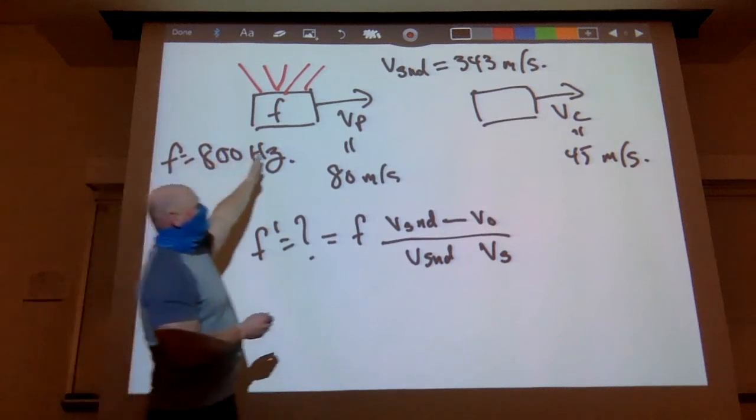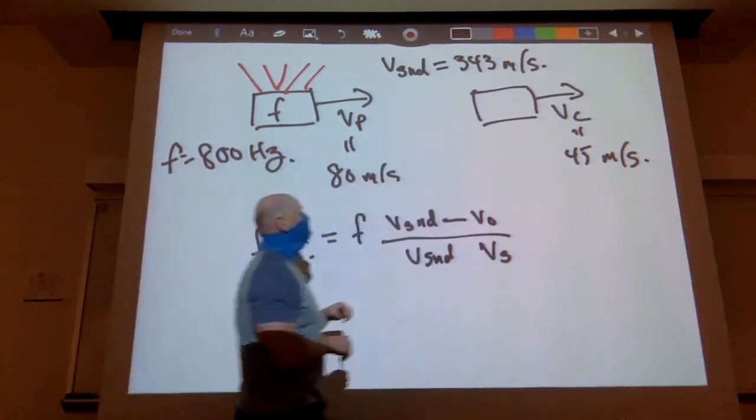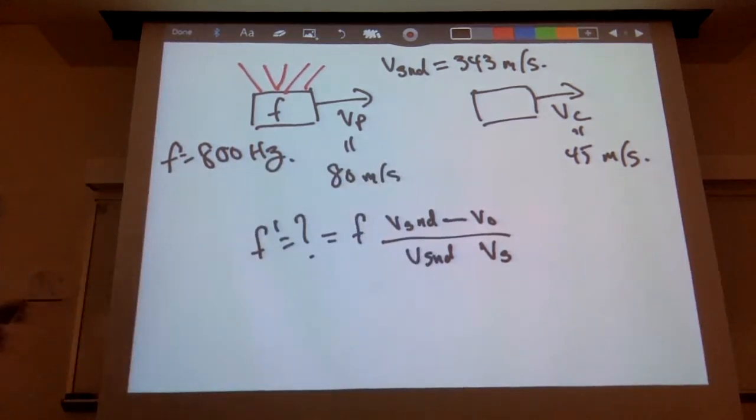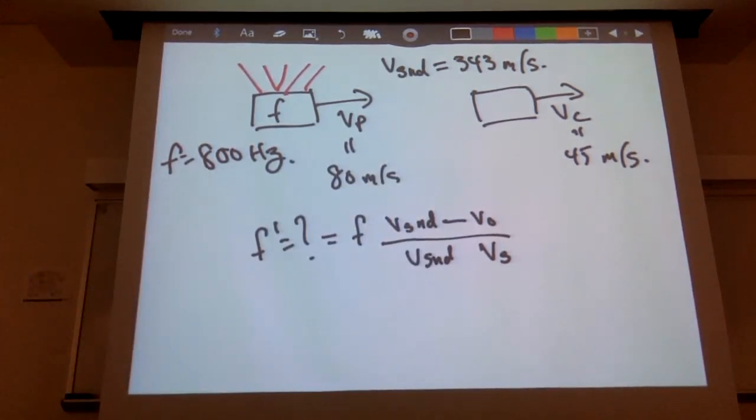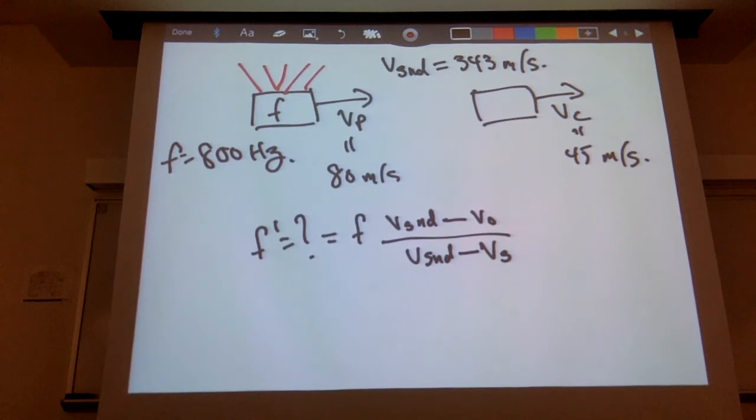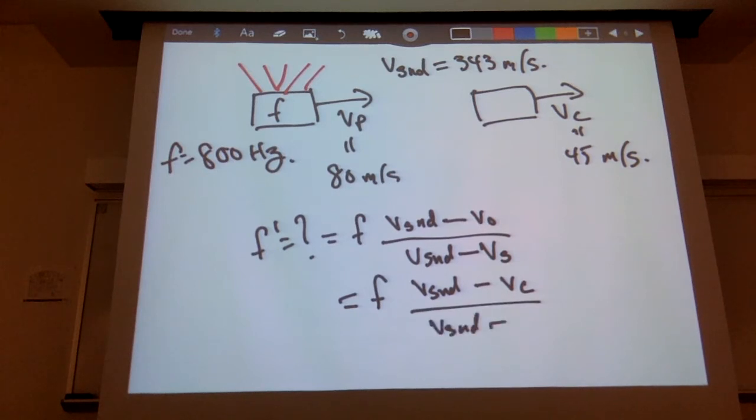Simultaneously, the police car is trying to move towards the source, or so towards the observer. Since he's moving toward, this is also corresponding to a negative sign. So this is then equal to the speed of sound minus the speed of the car divided by the speed of sound minus the speed of the police car is equal to the apparent frequency.